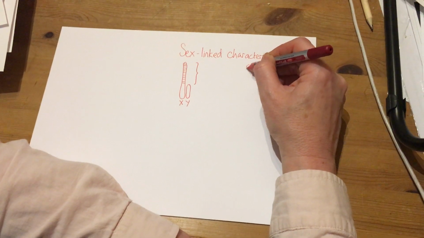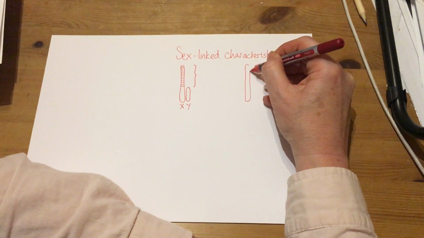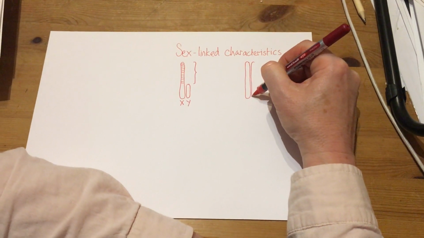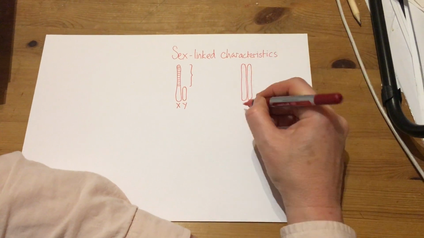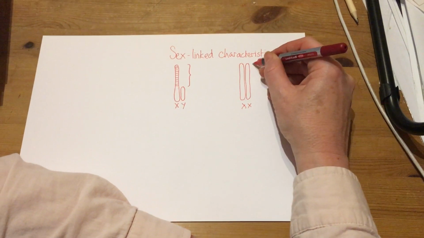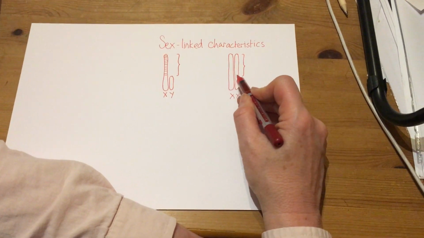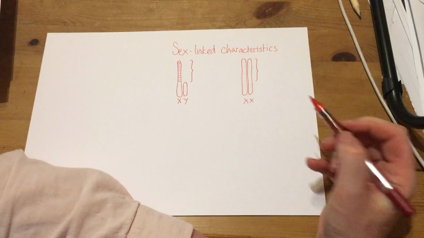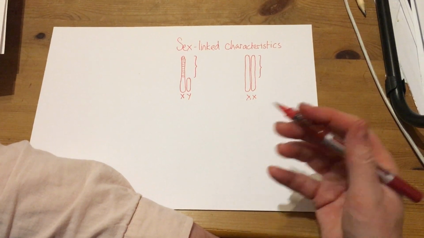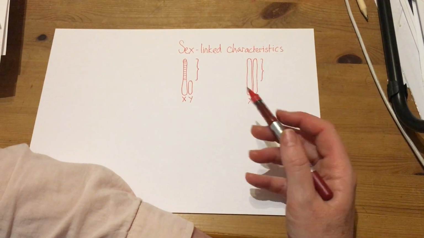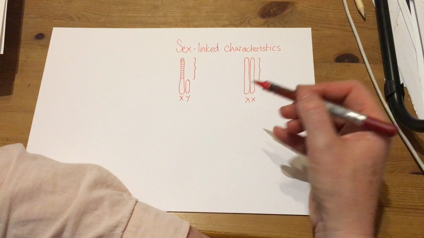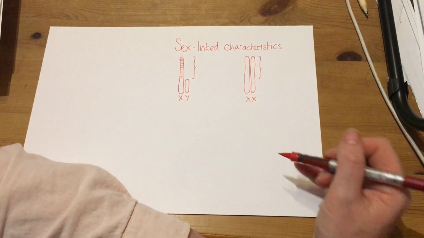In females, the chromosomes are both X's. So when you have an allele up here, it has got two options because both of the X chromosomes will be carrying an allele. So a recessive characteristic can be hidden if there's a dominant allele on the other chromosome.